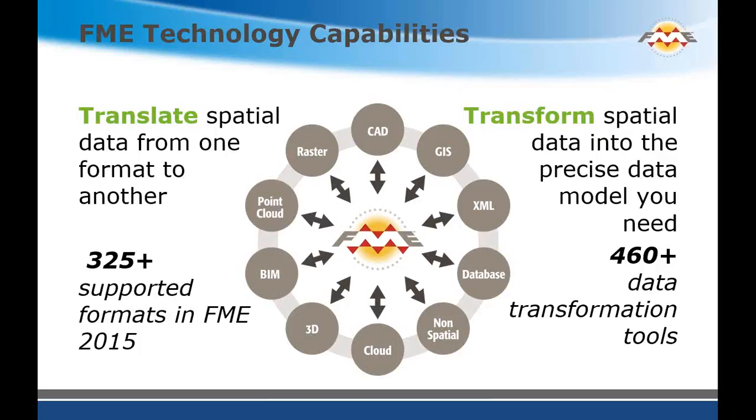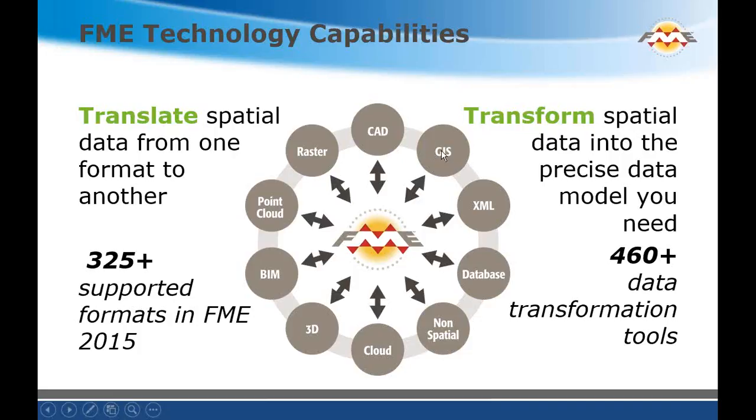Incompatible data formats are really one of the huge barriers in being able to move data between different organizations and even different users within the same organization. So FME solves this challenge because it has this unparalleled format support that you can translate data between any of these 325 formats. You can see from the graphic in the center here, FME started off with both CAD and GIS formats.